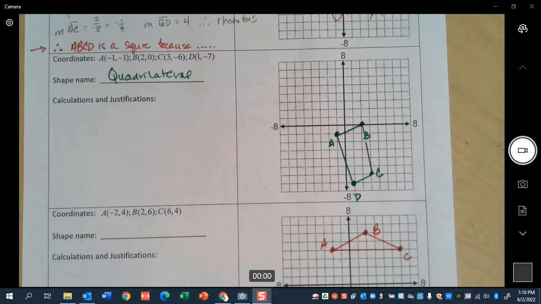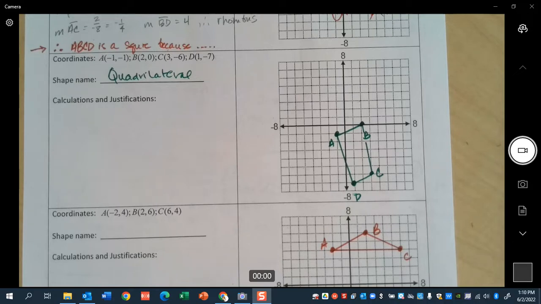When you're talking about what things are, if I have the set of all polygons, within that conversation I have my quadrilaterals. Within that conversation, I have my parallelograms.